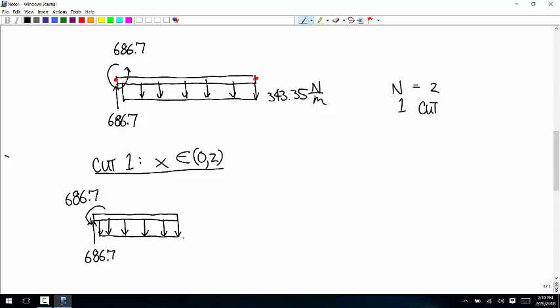That's uniform, so that's 343.35. And then we have the internal loads, T, B, M, and I'm going to leave out torque for now in this problem because there's nothing producing moments about X.